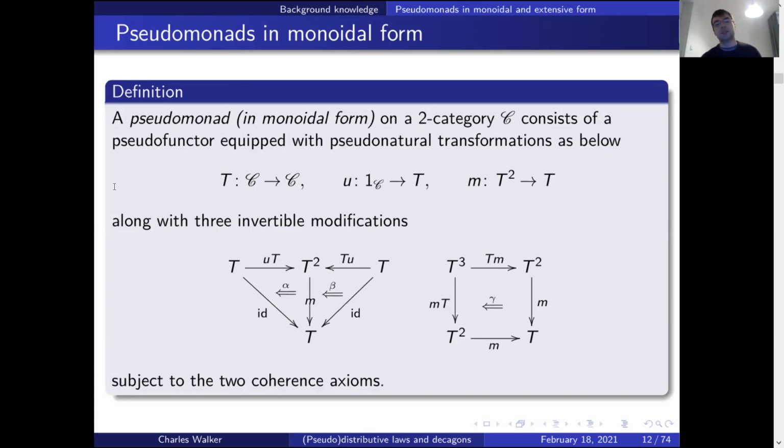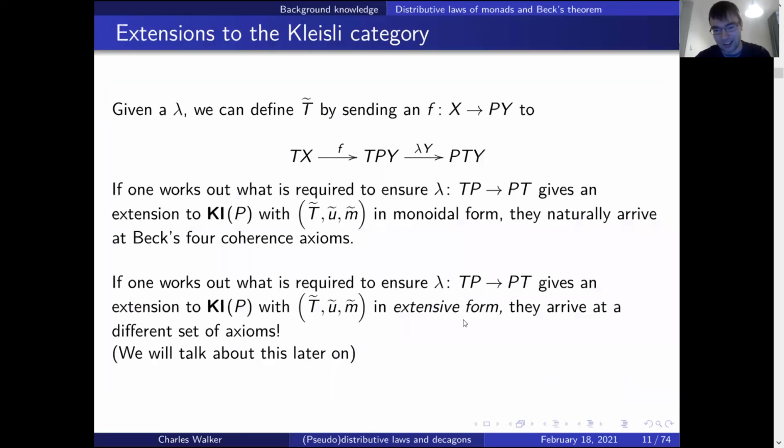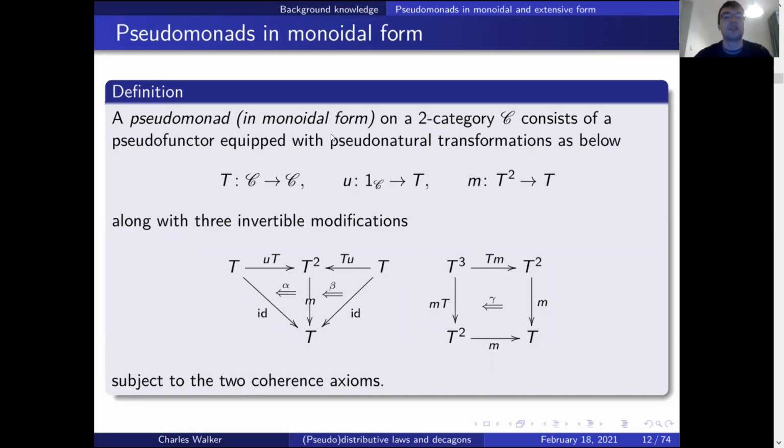All right, so I'll remind you about pseudomonads. So it will be the 2-dimensional version of monad that I'm using. I'll talk more about this later on. Right, so a pseudomonad on a 2-category is going to be a pseudofunctor, say from C to C, a pseudonatural transformation eta from 1 to T, and a pseudonatural transformation mu from T squared to T, along with 3 modifications, all invertible.